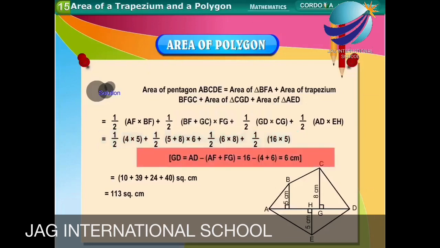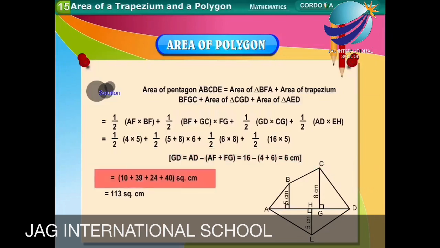Since GD equal to AD minus AF plus FG is equal to 16 minus 4 plus 6, which is equal to 6 centimeters, this is equal to 10 plus 39 plus 24 plus 40 square centimeters, which is equal to 113 square centimeters.